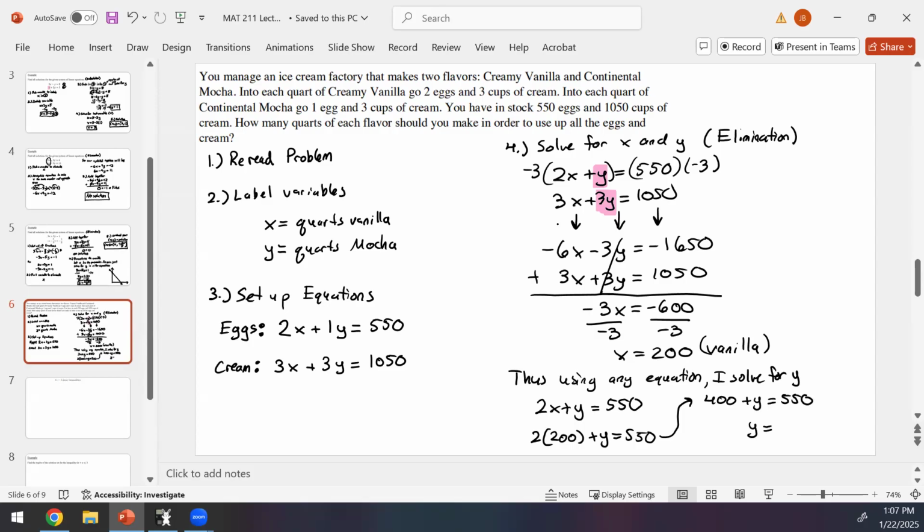So then y is equal to 150, because I subtracted the 400 over like that. And then this is going to be mocha. So I'm going to make 150 quarts of mocha and 200 quarts of vanilla, right? So that ends up being my final answer.